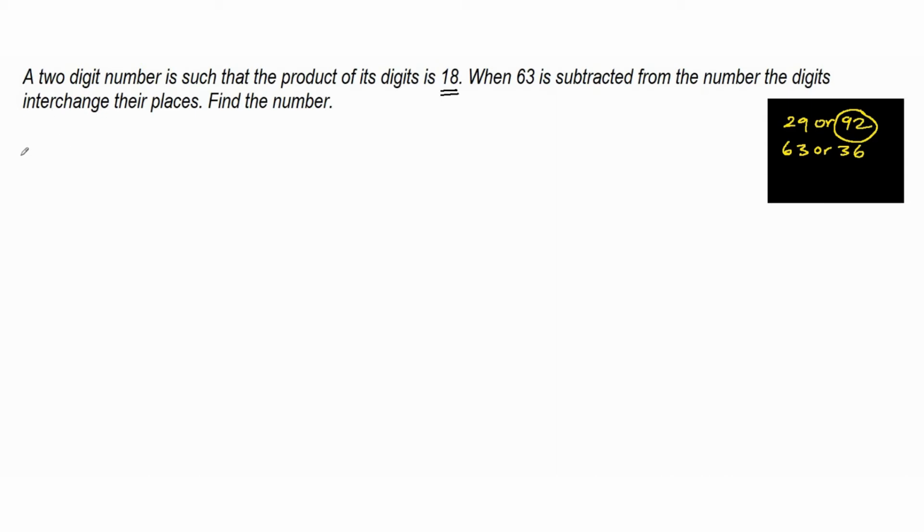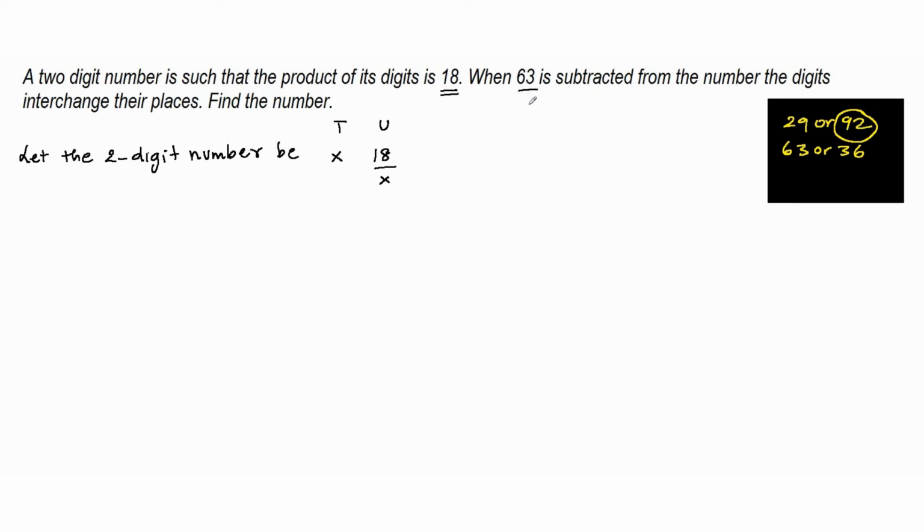So a two-digit number. So let the two-digit number be, in the tens place, I would have x, and in the units place the product is 18. So in the units place it is going to be 18 upon x.